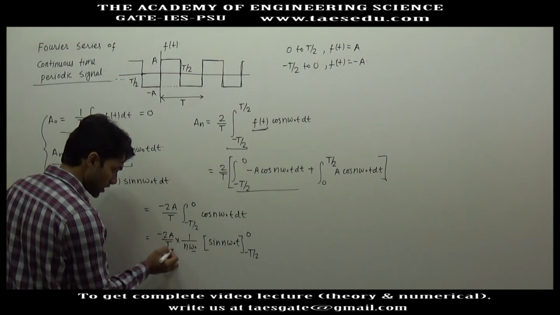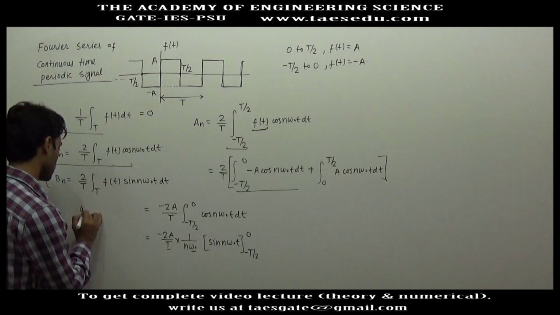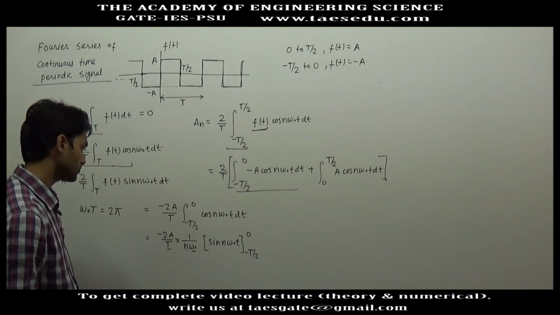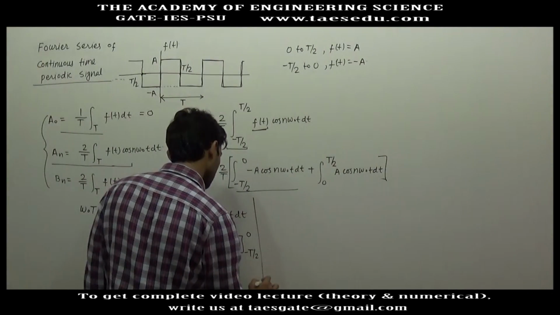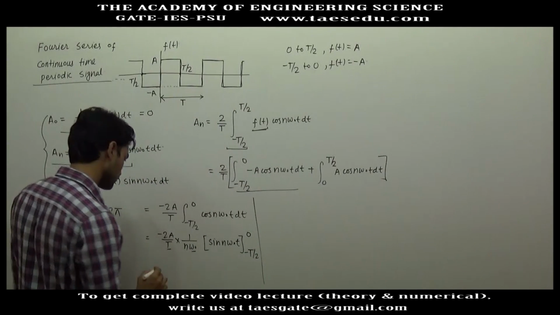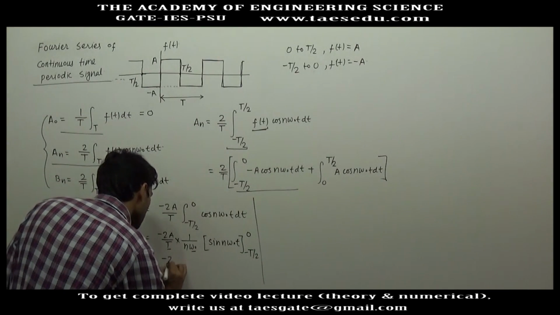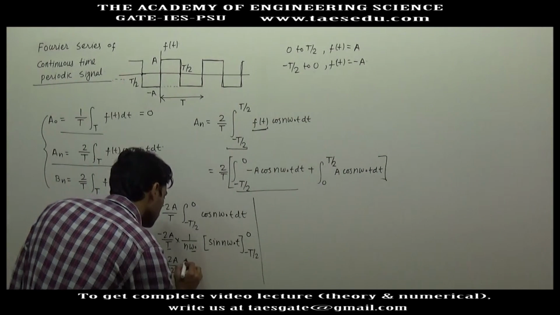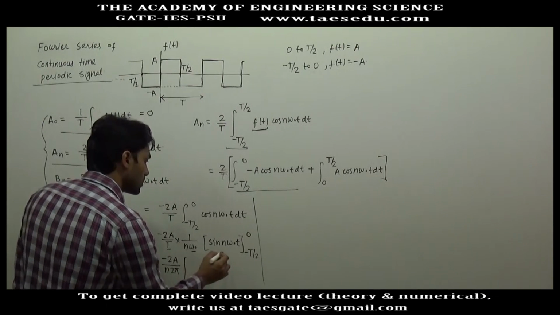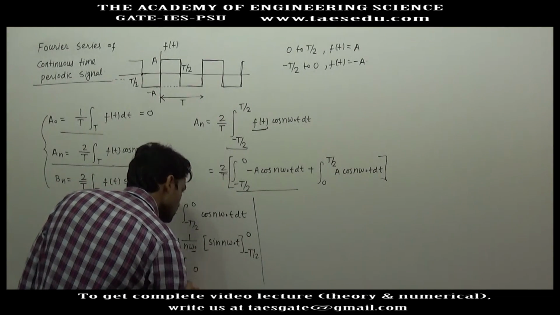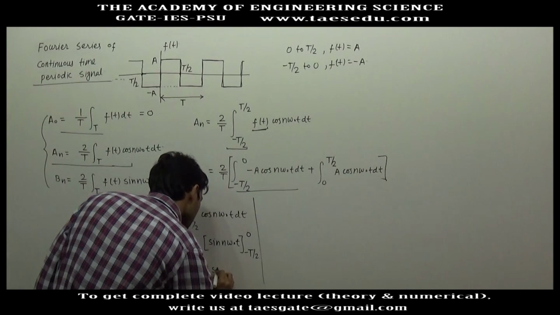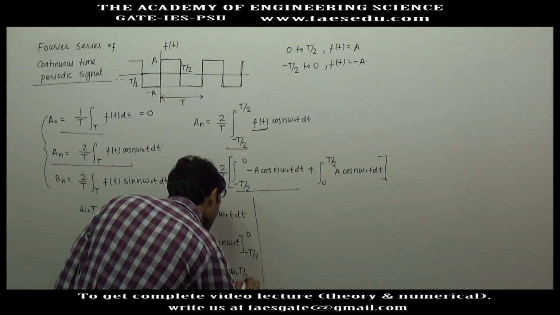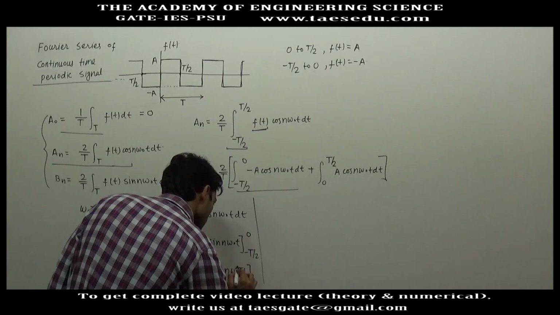What will be the value of omega naught into T? Omega naught into T will be 2 pi. So here you will have minus 2a by n into 2 pi. The upper limit is 0, so sine 0 will be 0, minus sine of n into omega naught into minus T by 2.